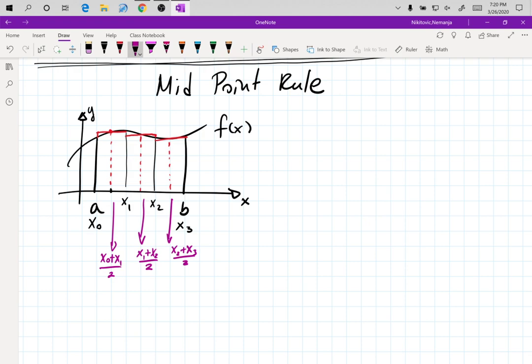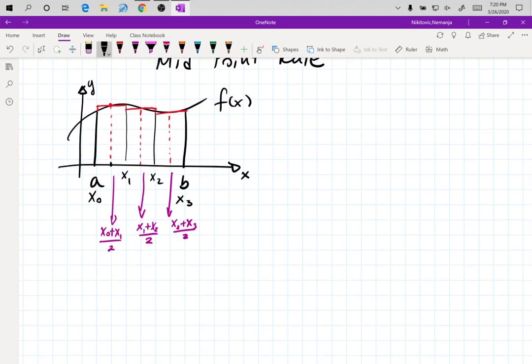So I will have the area be approximated by, in this case, f computed at the average times delta x. So that's my first rectangle.